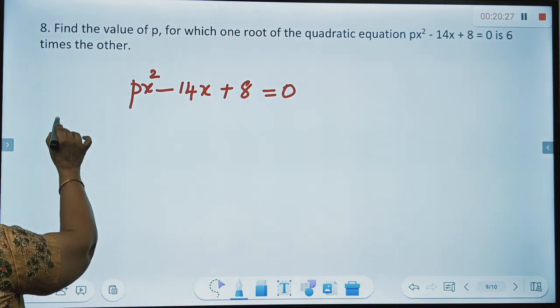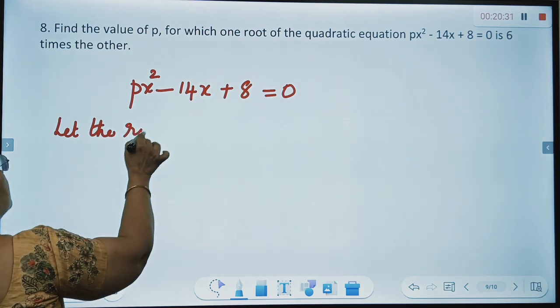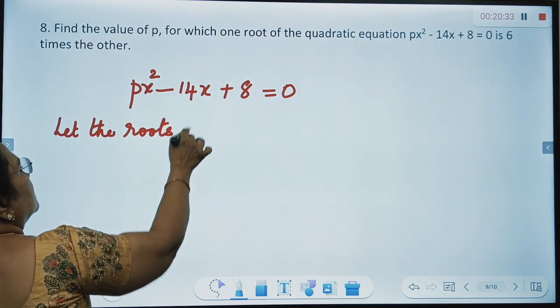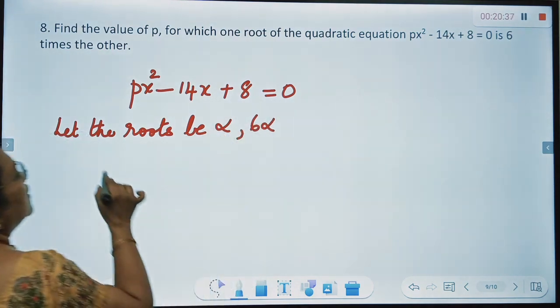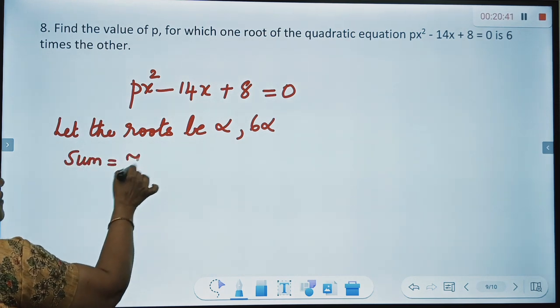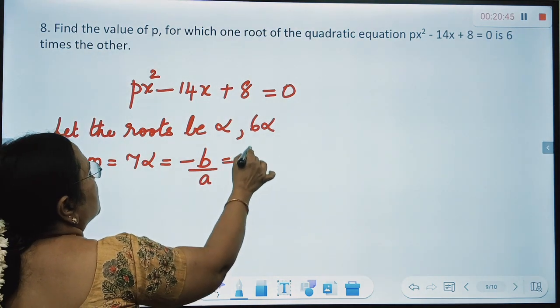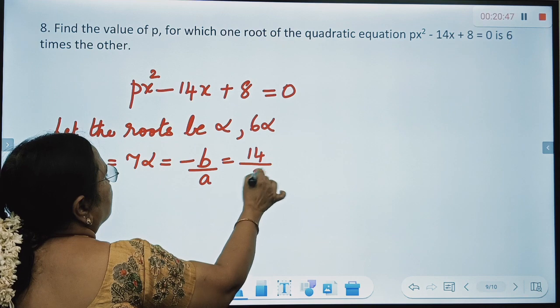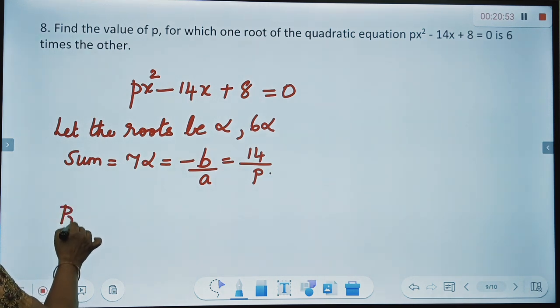So let the roots be alpha and 6 alpha. So sum will be 7 alpha, which is minus b by a, which is 14 by p. So 7 alpha is 14 by p. Now what is the product of the roots?